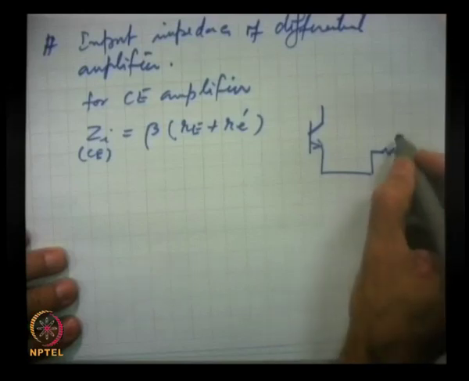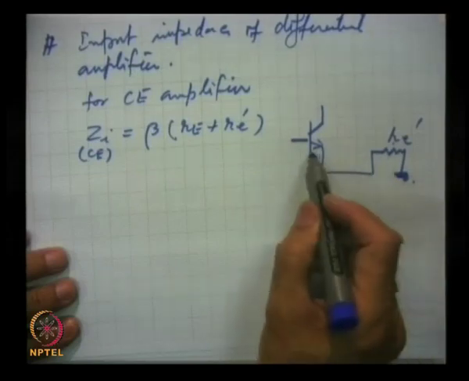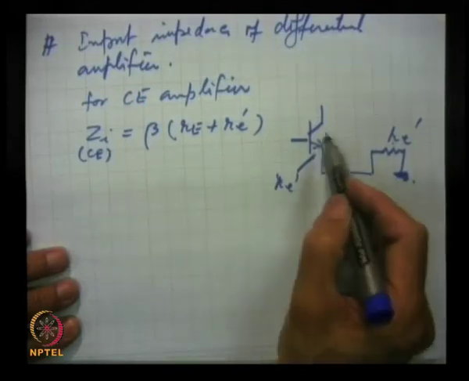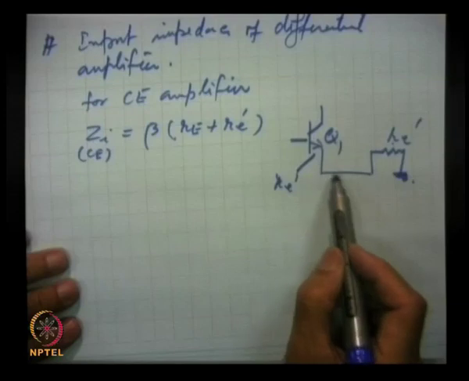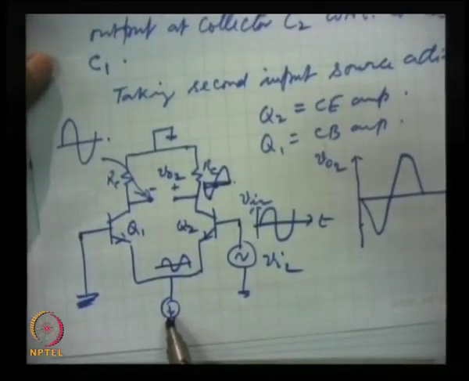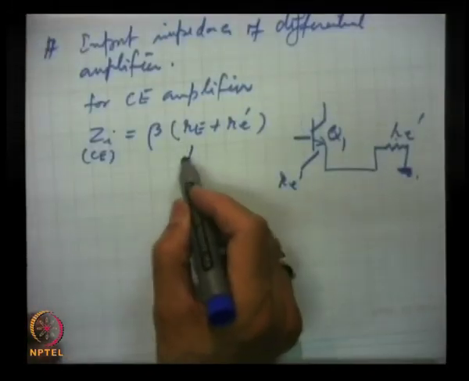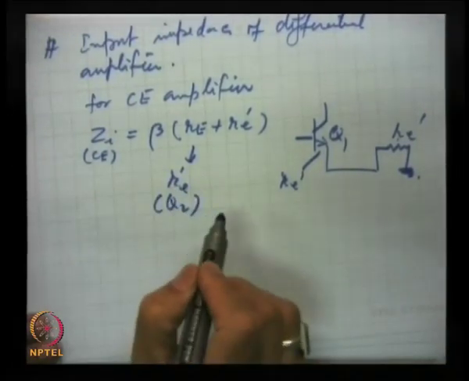This is from Q2, RE prime. So, this will be seen, and this itself has a resistance RE prime. This RE prime is appearing because of the dynamic emitter resistance of Q1, but this is seen because the other is also connected, and the constant current source is open. So, this is non-existent for AC. So, this is the path, and this RE is also RE prime because of transistor Q2.